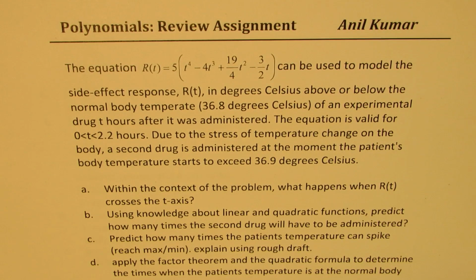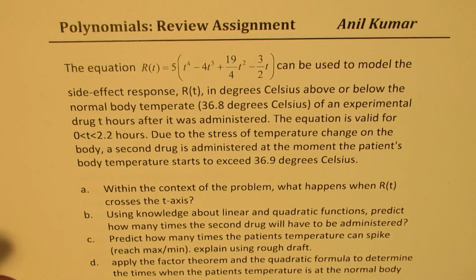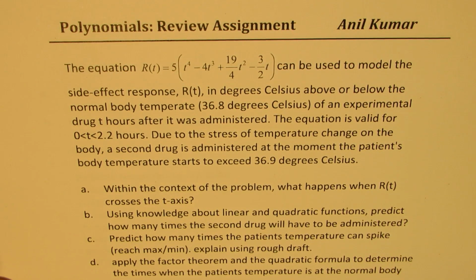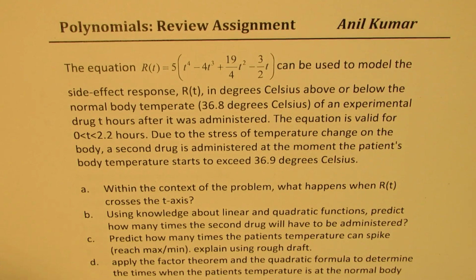Explain using a rough draft. D. Apply the factor theorem and the quadratic formula to determine the times when the patient's temperature is at the normal body temperature. E. Predict when the second drug will be administered by applying a knowledge of solving polynomial inequalities, and so on it goes, right?